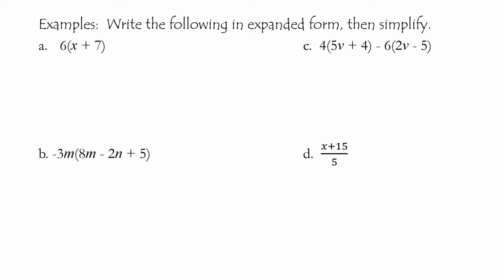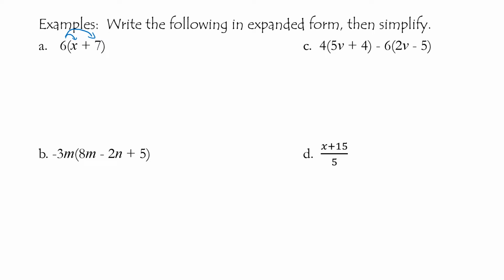In these examples, it's asking us to write the following in expanded form and then simplify. The same thing applies when we have a variable. We're still multiplying that number or term on the outside of the parentheses by all of the terms inside. So here I'm multiplying the 6 by the x and the 6 by the 7.